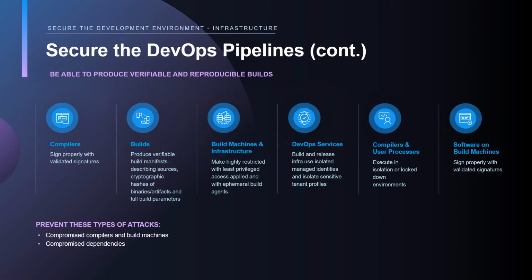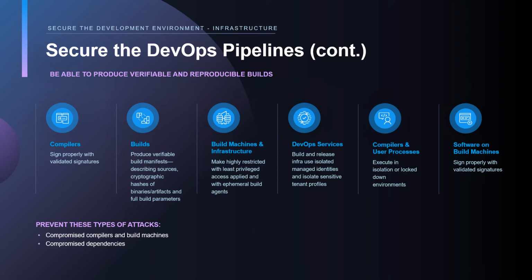Now, DevOps pipelines are another important consideration when securing the development environment. To ensure your organization is producing verifiable and reproducible builds, you'll need to adjust security at every point, from compilers to build machines. Let's take a look at each step in more detail.